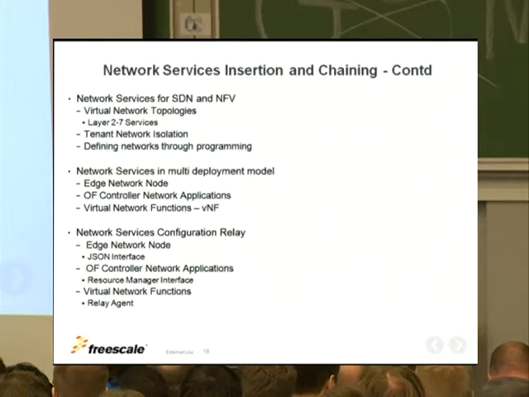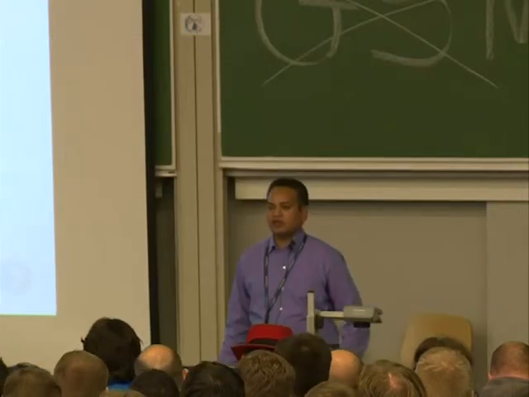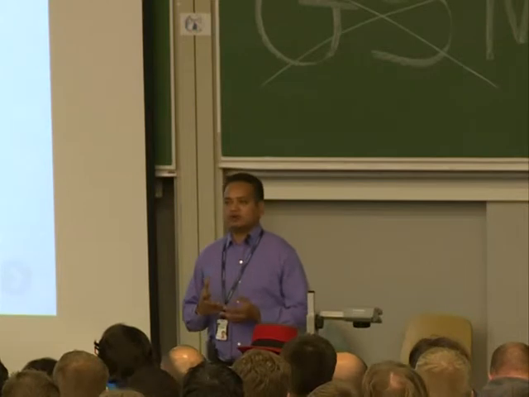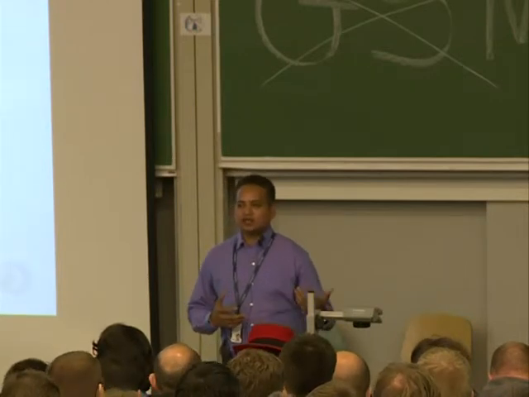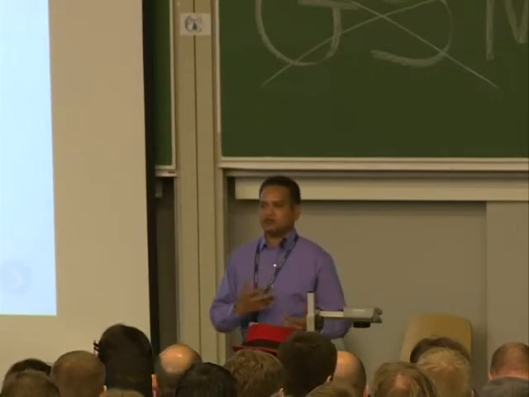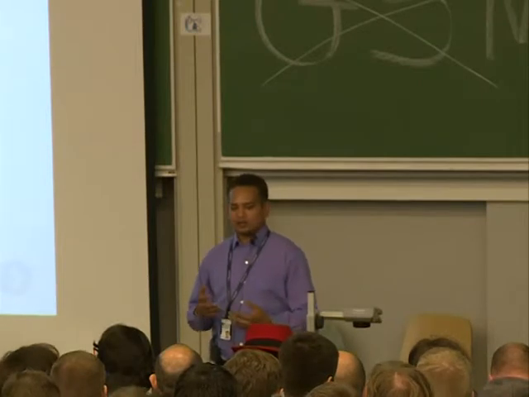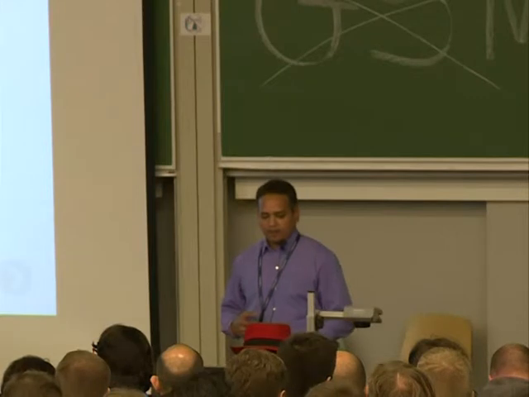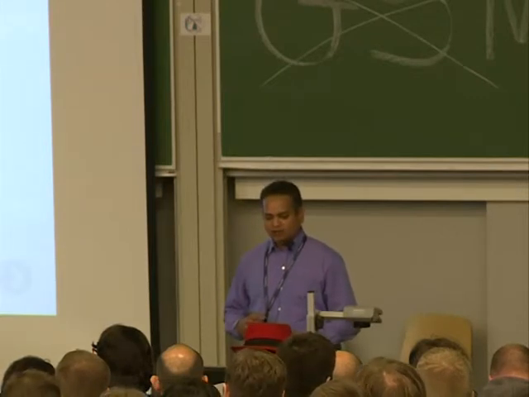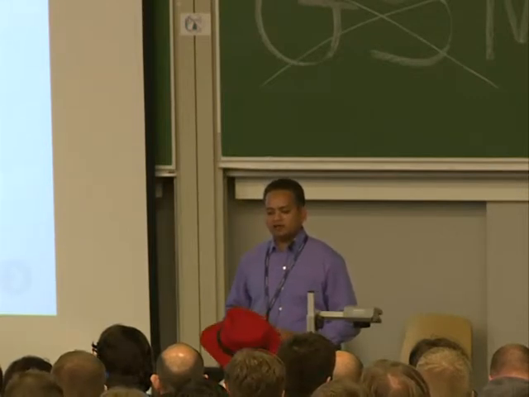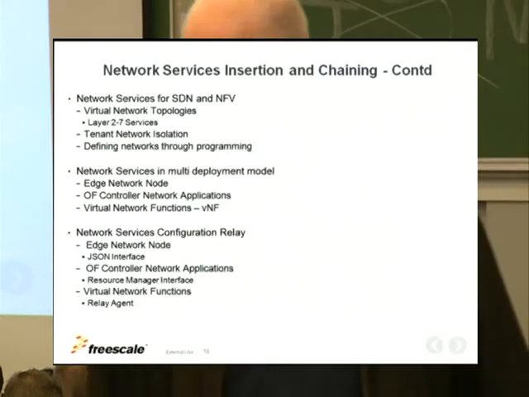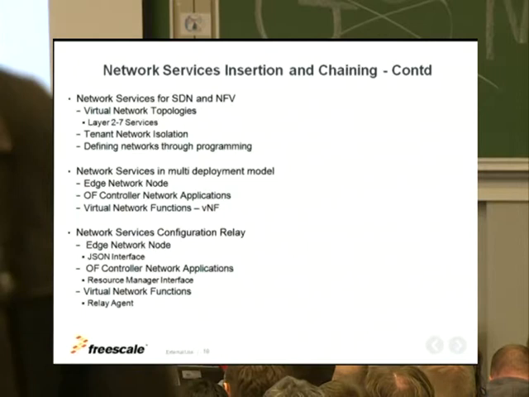The network services in multiple deployment models, like we have the edge node, where the network node in OpenStack, where the traffic comes from the internet, falls onto the network node, and then goes to the corresponding web application in the VM. And we have another type of network application, like the OF controller, the layer 2, layer 7 support of OpenFlow controller.